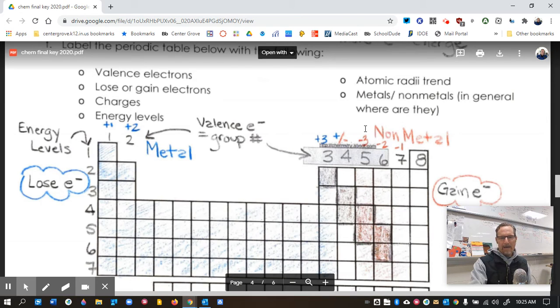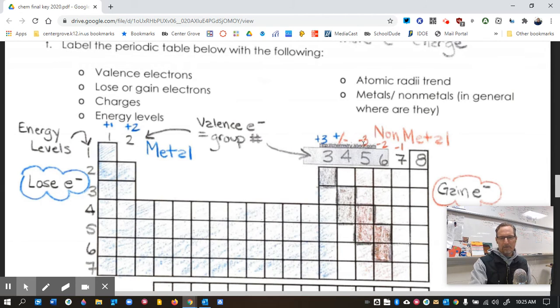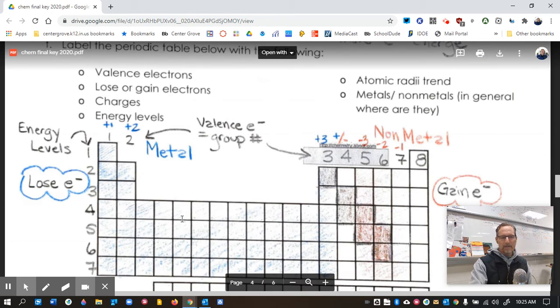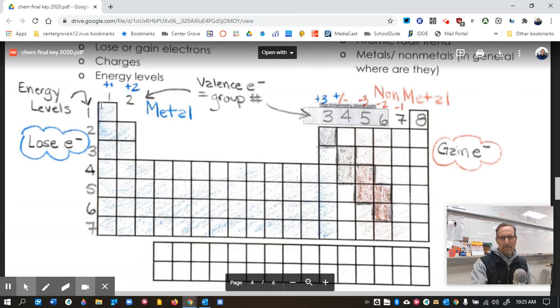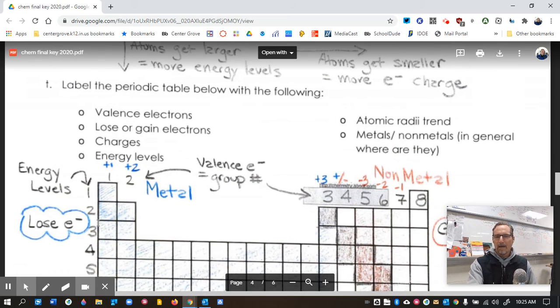Group 5 is going to gain 3 to get to 8, so it has a -3, -2, and -1 in order to get to 8. The energy levels are over here on the periods. Those are the rows. There are 7 periods, just like there are 7 periods in the school day.